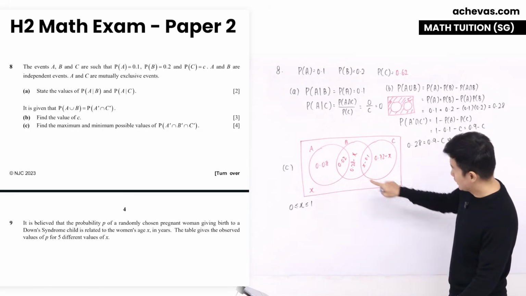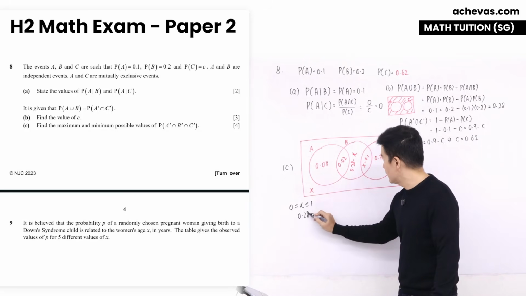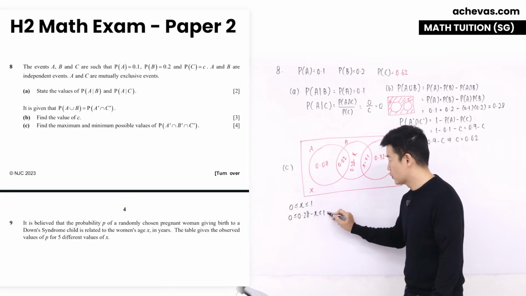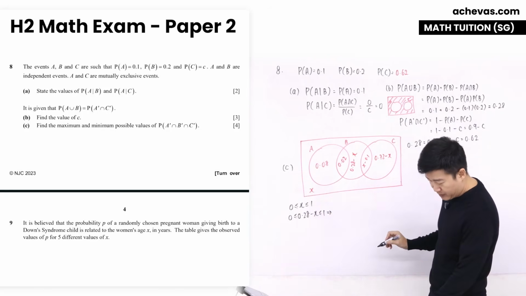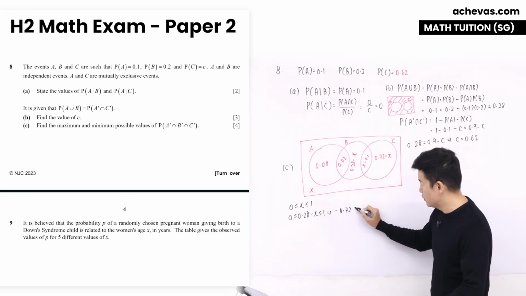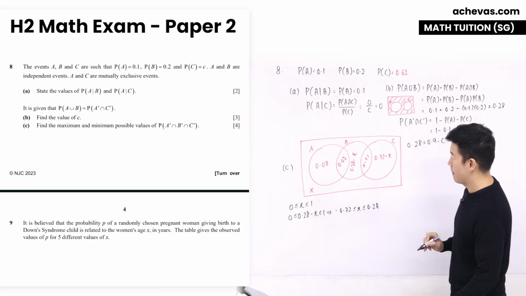Let's move on to the next region. So this region, 0.28 minus X, will also be between 0 and 1. If I manipulate this inequality, I get X to be between minus 0.72 and 0.28.